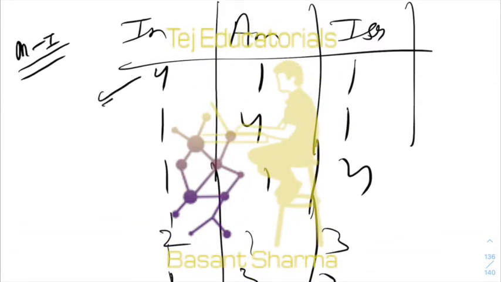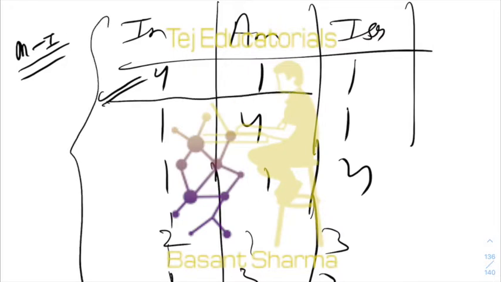For example, if method 1 is used, in the first case, when 4 Indians, 1 American and 1 Israeli are selected, this is one case, right? Now we never said which 4 Indians are selected, right?